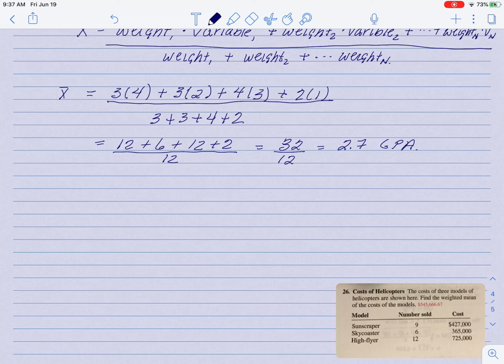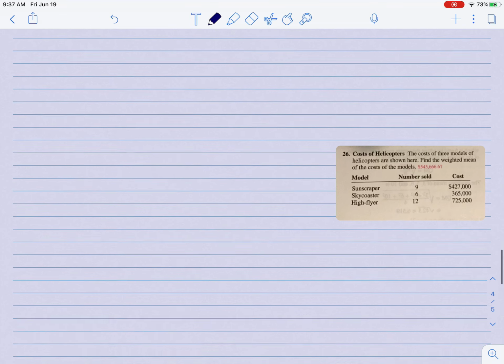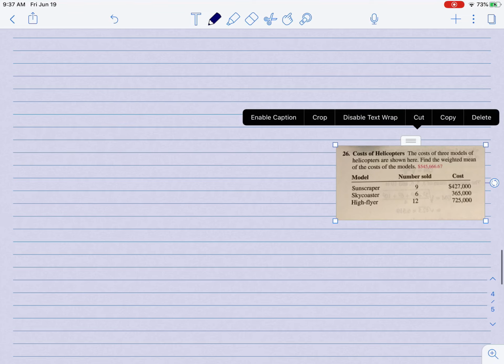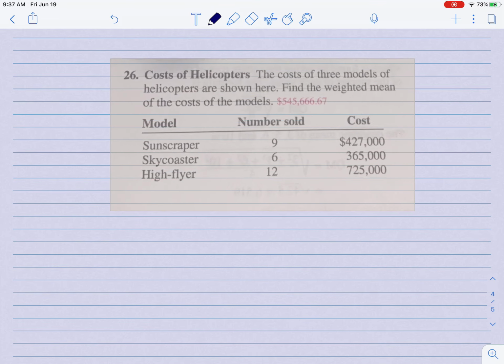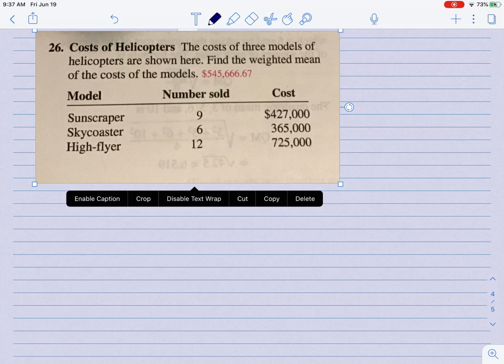All right, so that's that one. Let's look at this next example. Same thing, weighted mean. Let me blow it up so that you can see what it says. This is the cost of a helicopter. The cost of 3 models of helicopters are shown here.